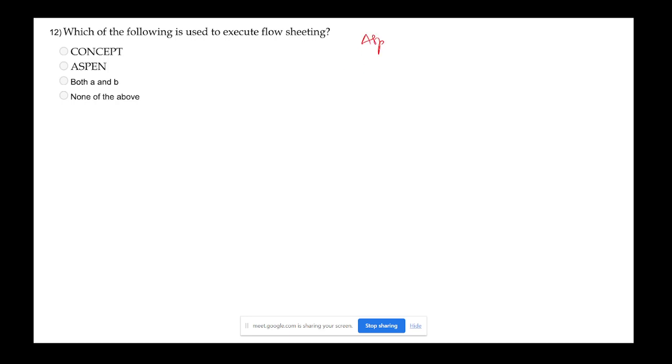So Aspen, then you have Concept, then DWSim also, then ChemCAD, then Aspen, which can be of two types: Aspen HYSYS and Aspen Plus. Here in the question you are given just Concept and Aspen.